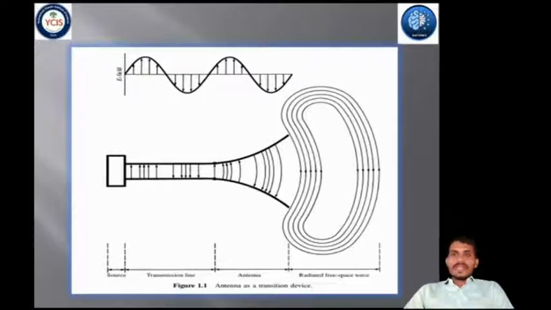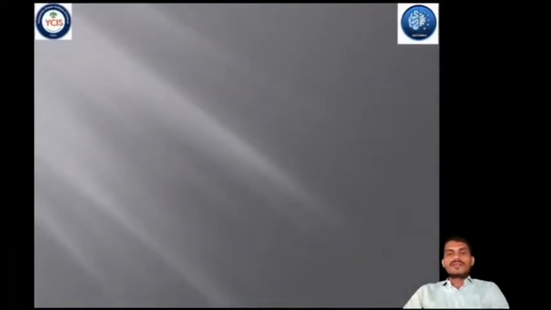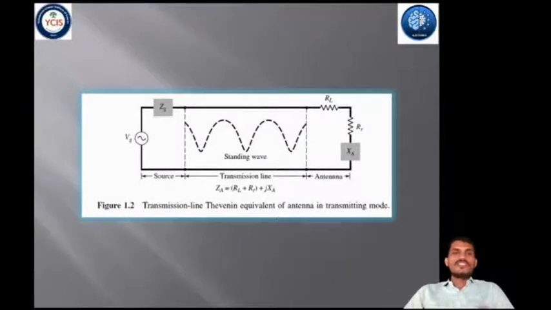Now, the Thevenin's equivalent of the antenna system for this figure is given. This is the transmission line, Thevenin's equivalent of the antenna transmitting mode.